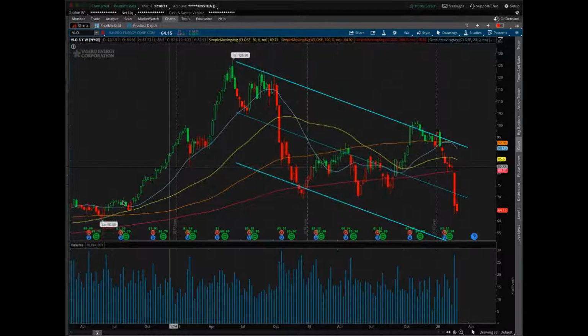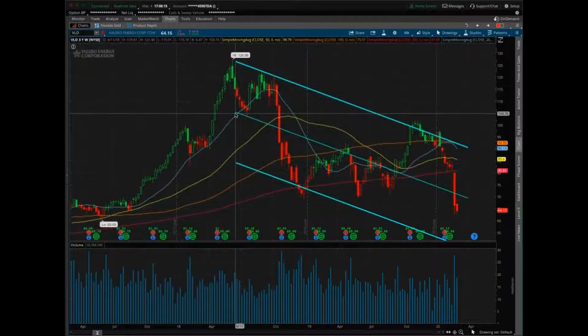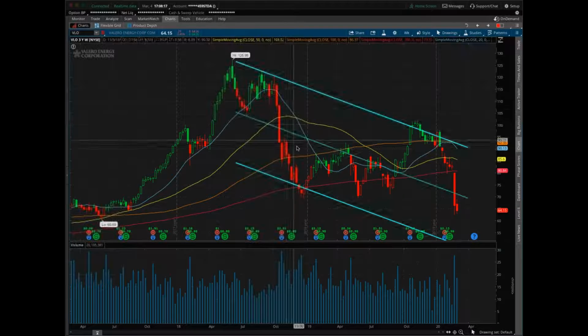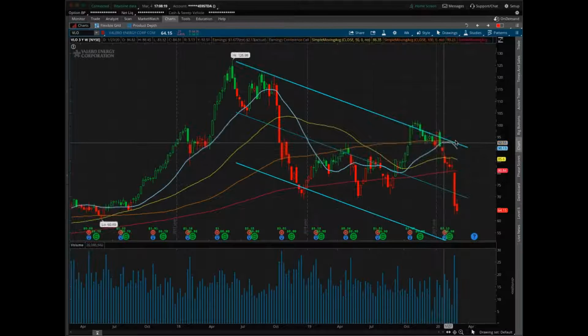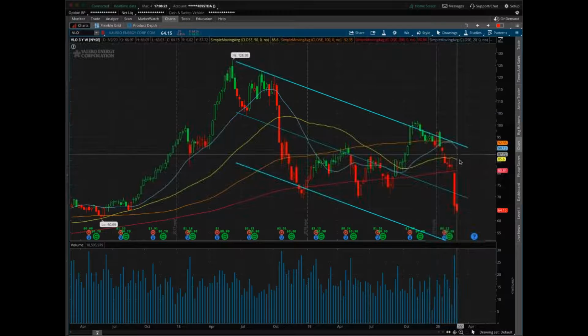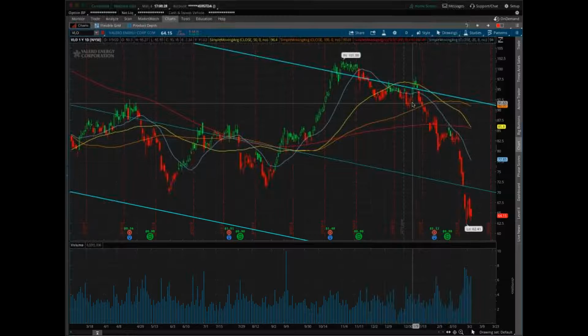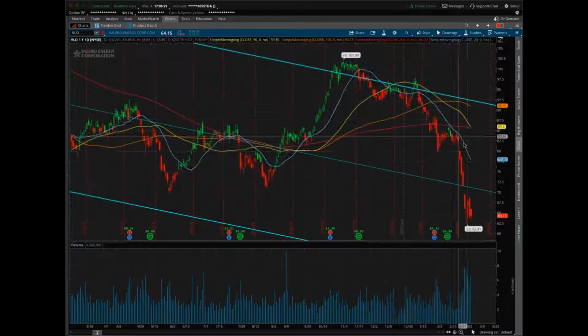And the 20-day acted as a support of the trend until it wasn't, and now it's a resistance of the trend. So when this curls over and this stock comes back to touch it, it's going to act as resistance, just like it's acting as resistance here.